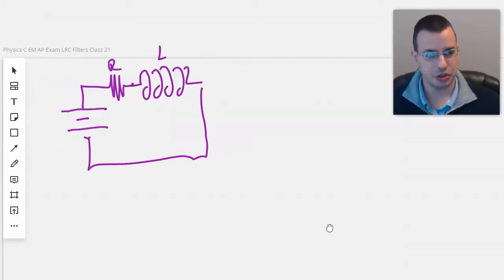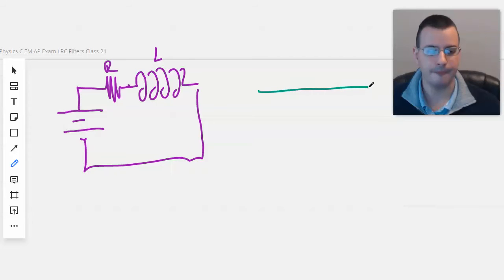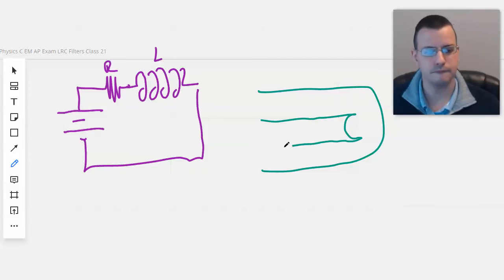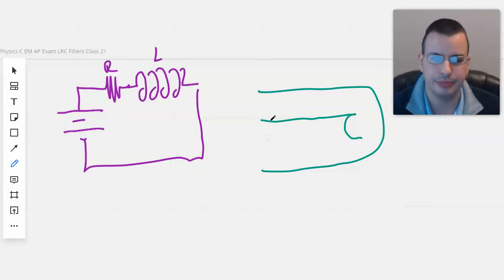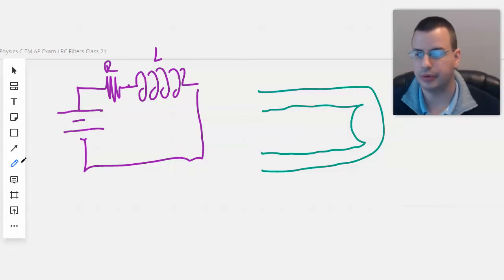Now the hydraulic analogy for an inductor, green pipe. Nope, I can do that better. Pipe like so. There we go. Is a water wheel.